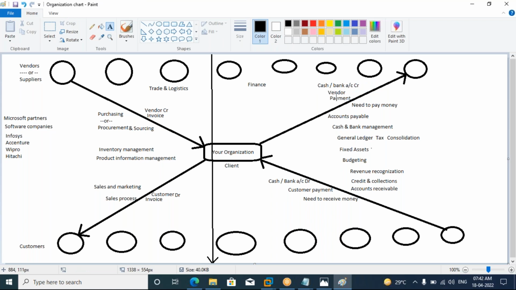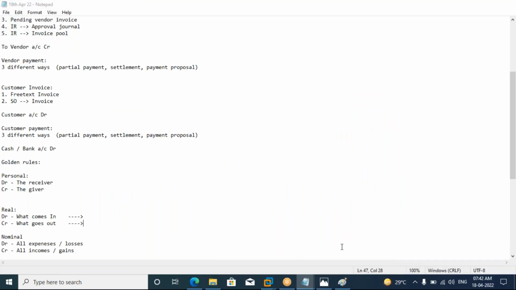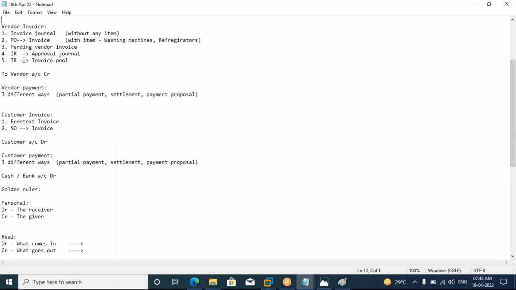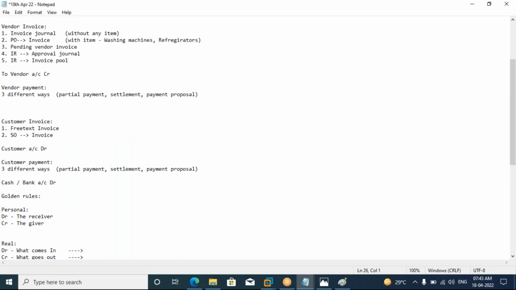Whenever you are doing vendor payment, my cash balance or bank balance will be decreased. That's what it is. What goes out: money is going out during vendor payment, so cash or bank is decreasing.